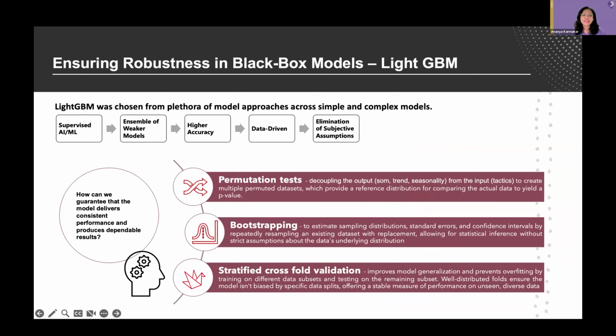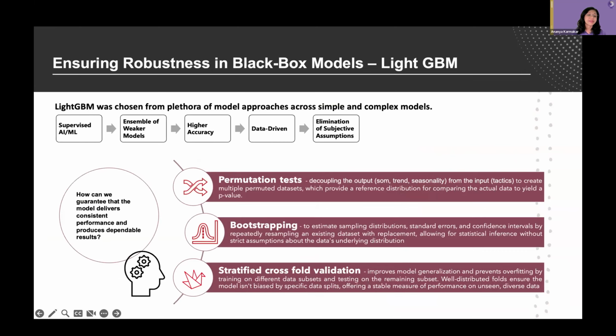Yeah, so one question that we would like to answer here, which we often get, is why LightGBM? LightGBM was chosen from a plethora of model approaches, across multiple simple as well as complex models, which were tried and tested. Why LightGBM stood out is because it's a supervised AI/ML model, of course, and it's an ensemble of weaker models.